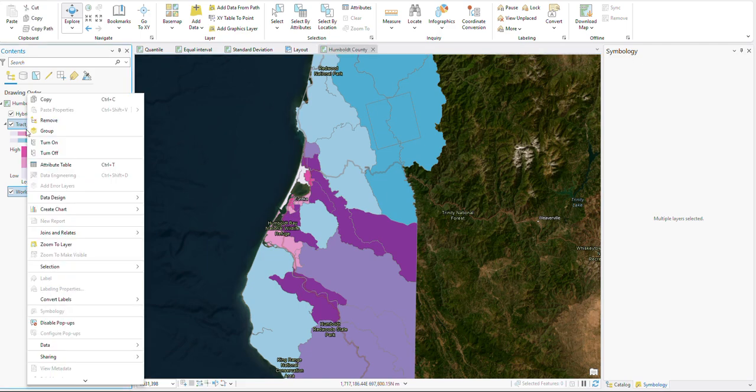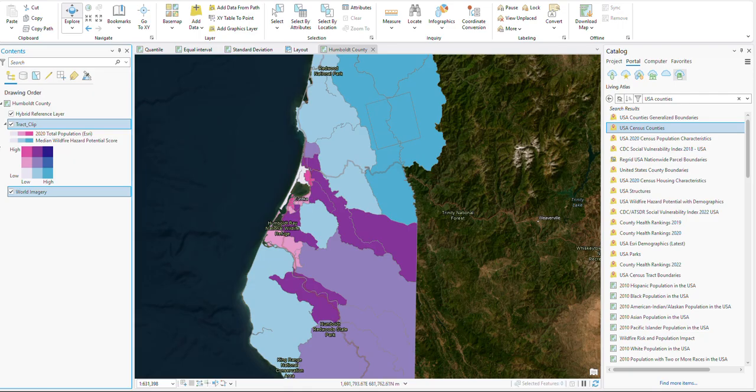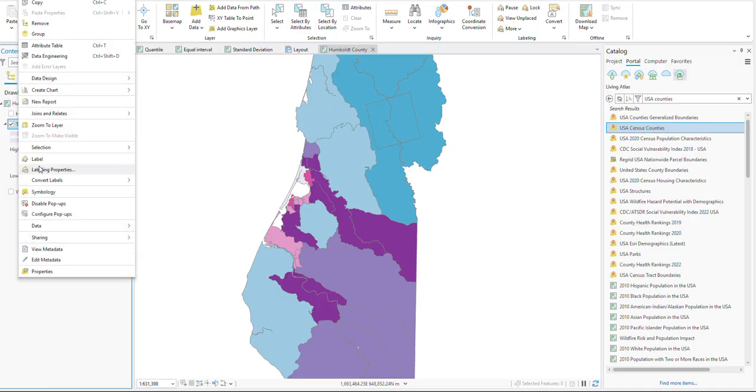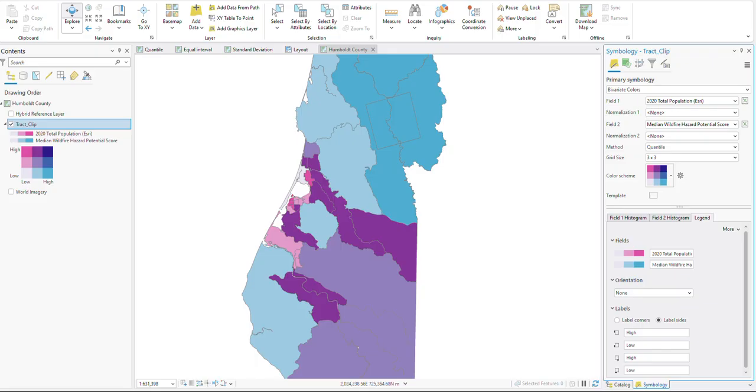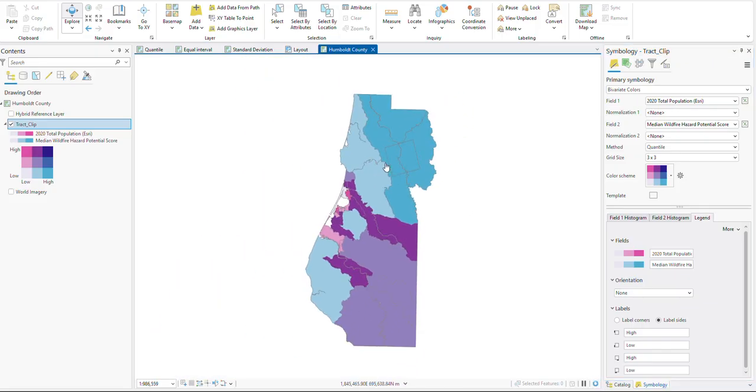Let's open back up the symbology. Okay, and we can change these variables. This is kind of what you are able to do.